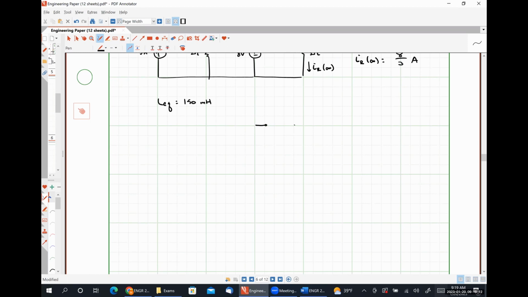So the inductor is up here. This is where we're looking in. Here is our 10 ohm resistor. Here is our 3 ohm resistor. Our switch is closed at position B so that our 8-volt source is in.